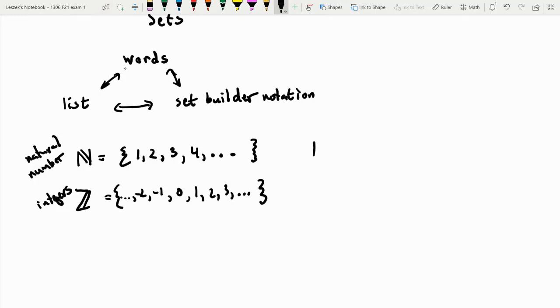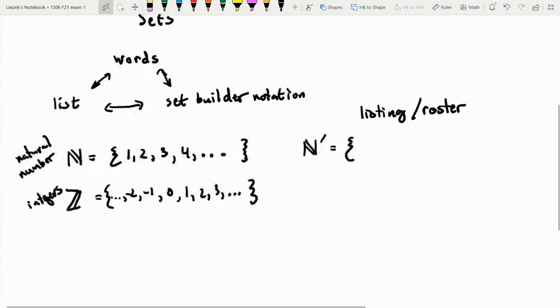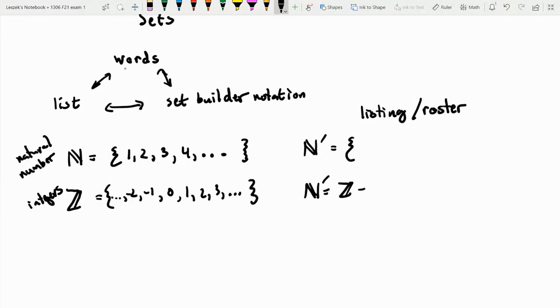So if I ask you for the complement of the natural numbers, using the listing method, I guess, or the roster method, well, you would have to say, what's the universal set? Well, we're talking about integers here, so I'm going to say the complement of the natural numbers in the integers, so Z integers minus all the counting numbers.